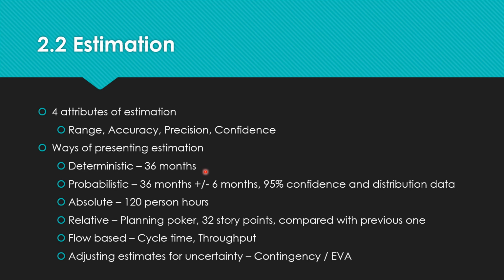It's very difficult. In that scenario, you can go for probabilistic estimation, where you talk in a range, 36 months plus or minus 6 months, and you can tell that this project will take either 30 months or 42 months with 95% confidence and with the distribution data along with that.